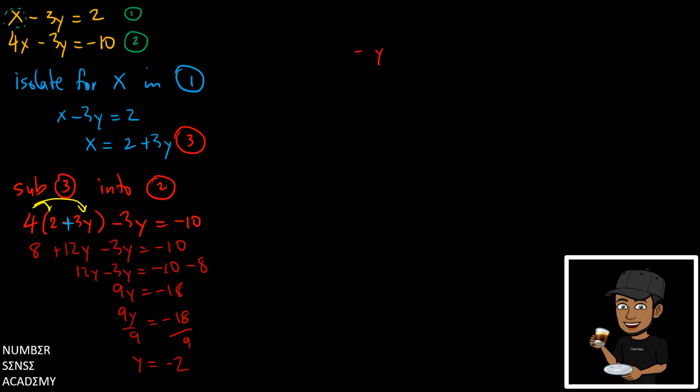So now, to finish this up, because I found y, which is excellent, now I need to find x. So what I'm going to do, I'm going to sub y equals negative 2 into equation 3.